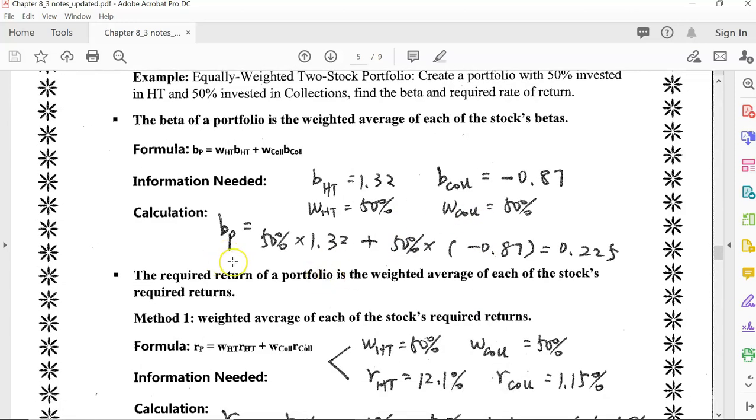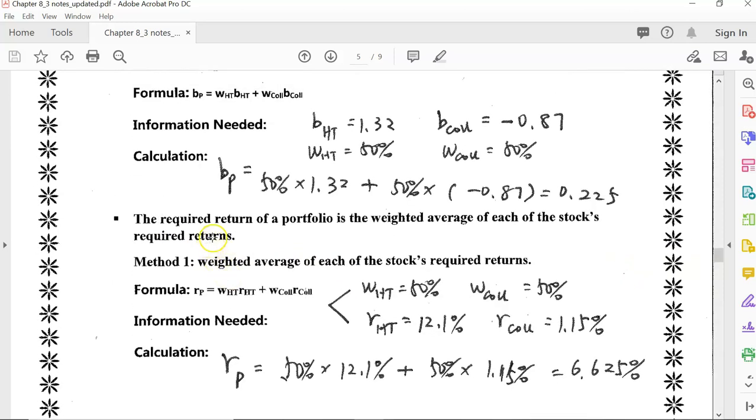So the beta of the portfolio becomes 50% for high tech multiplied by beta for high tech 1.32 plus 50% weight for collectible multiplied by the beta for collectible negative 0.87. So we have 0.225 as portfolio beta.